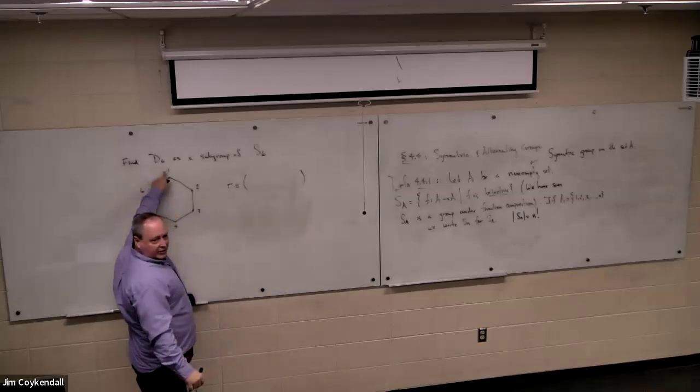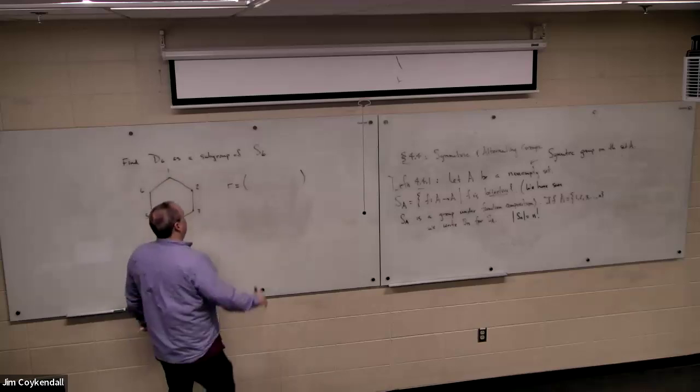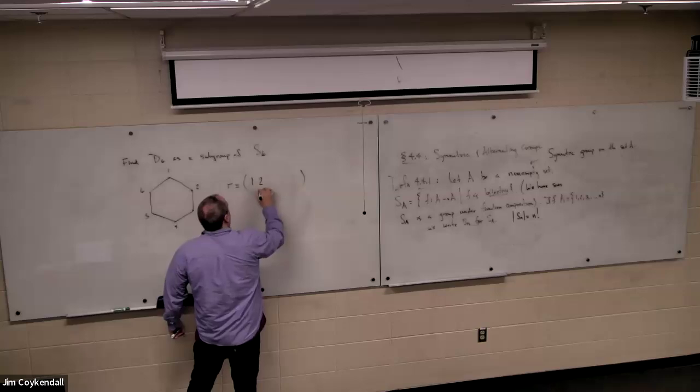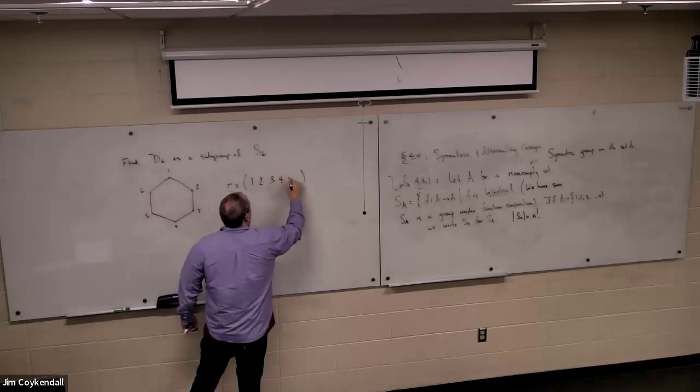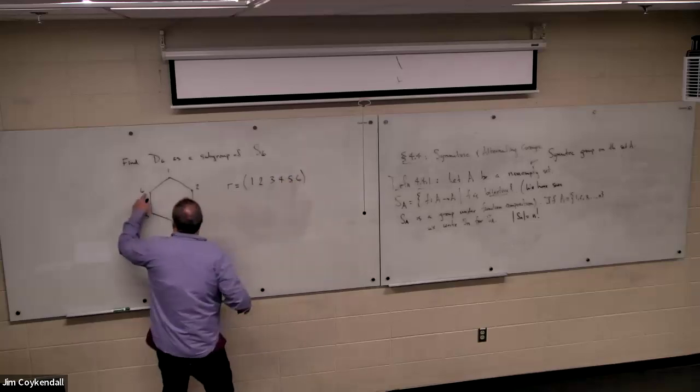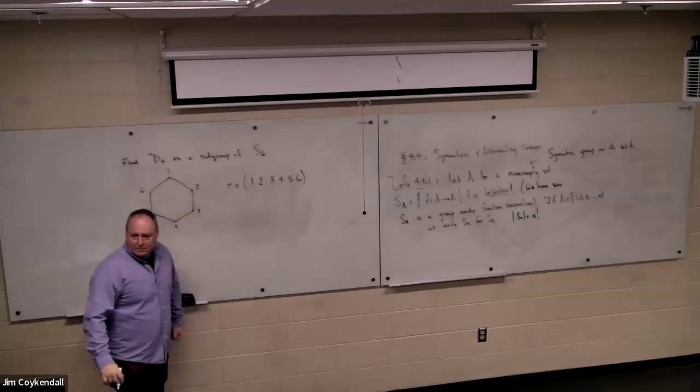If I rotate this 60 degrees clockwise, where will 1 go? The current position of 2. 1 will go to 2, 2 goes to 3, 3 goes to 4, 4 goes to 5, 5 goes to 6, and 6 goes back to 1. Everybody okay with that?